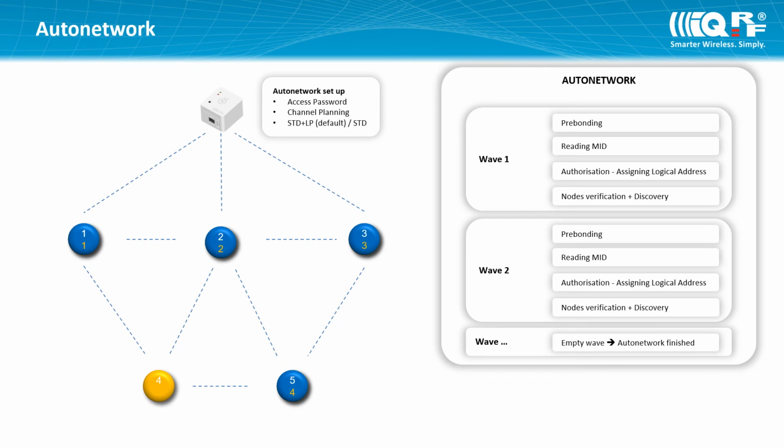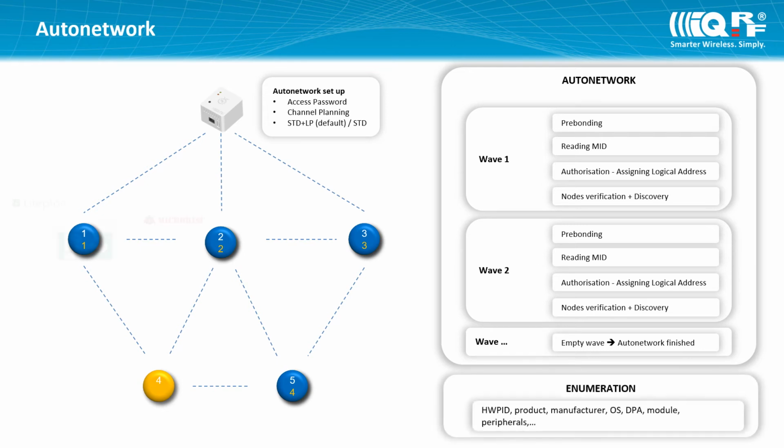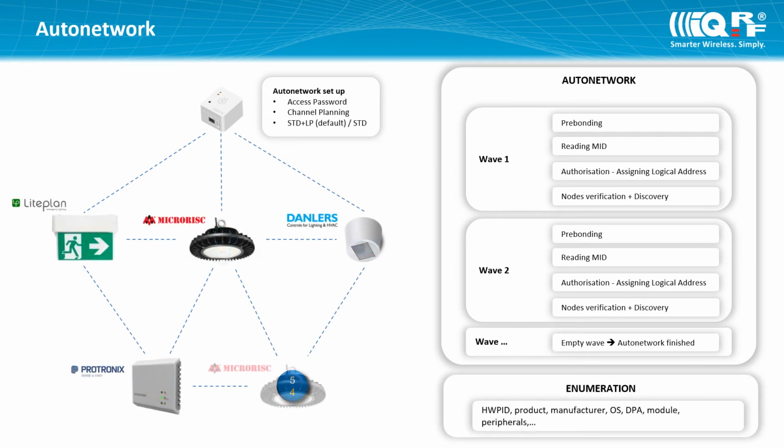The process finishes when no new node is found or after the network contains a specified number of nodes. Finally, the network is enumerated, so the host system connected to the coordinator knows which device types are in the network.